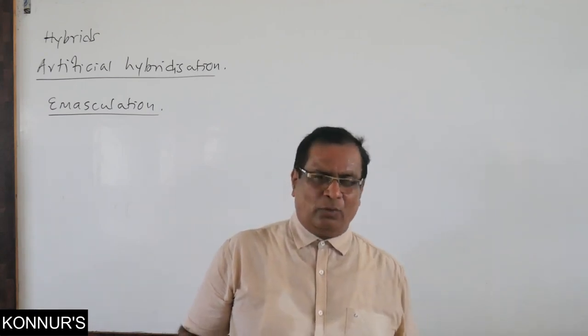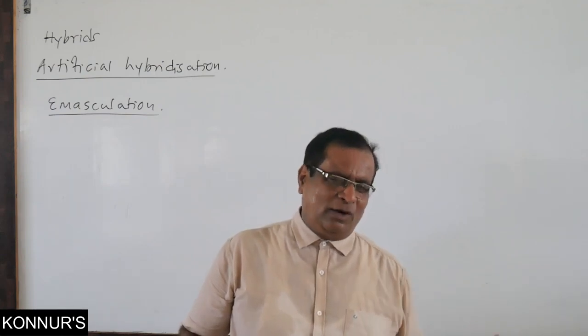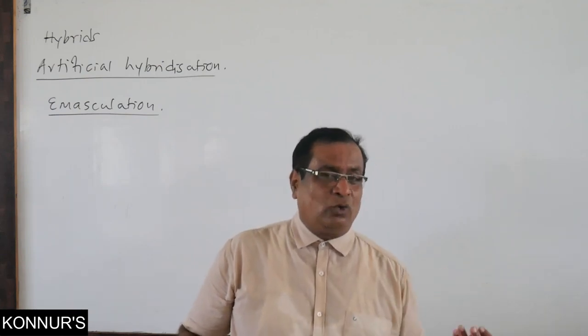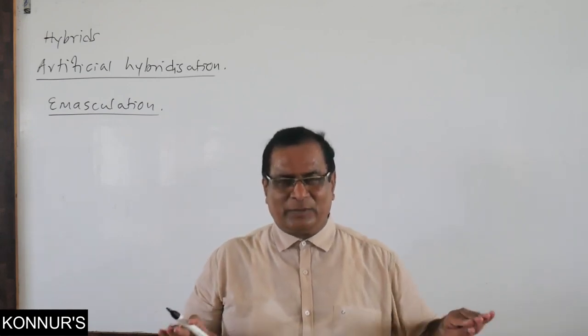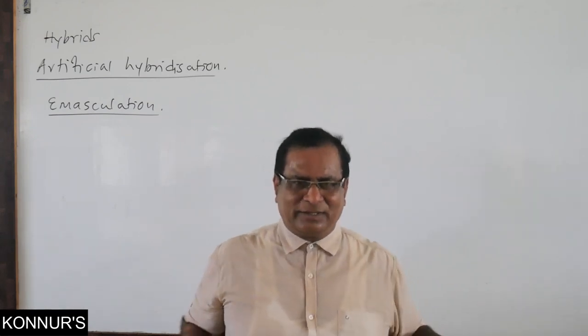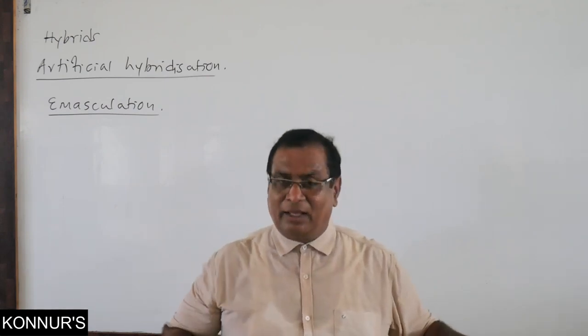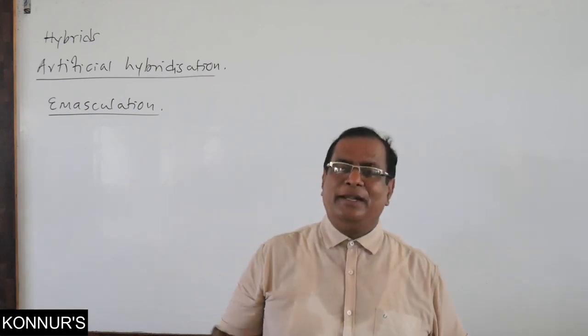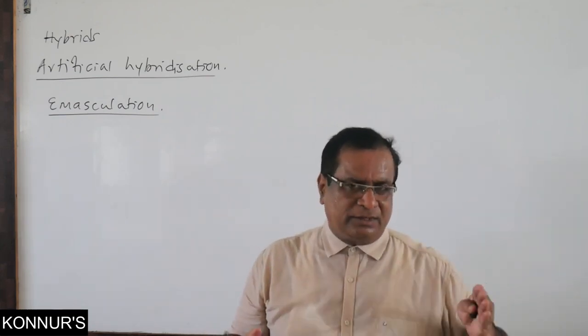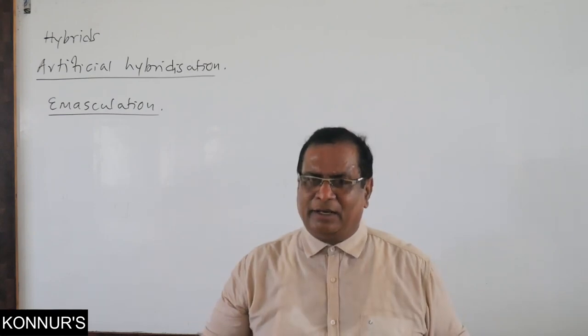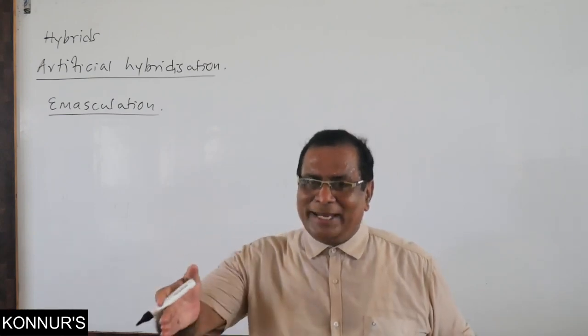Then the ovule becomes the seed and the ovary becomes the fruit, and those seeds are hybrid seeds with two desired characters. One is disease resistant, another is high yielding, because we have crossed one plant which is disease resistant and another plant with high yield.